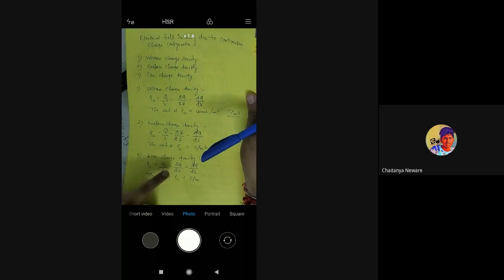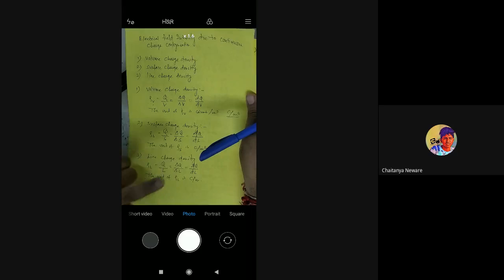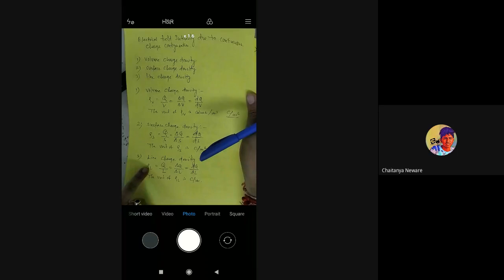Then line charge density is the ratio of total charge in the given region to the total length of the region, or incremental charge to the incremental length of the region, or differential charge to the differential length of the region, and it is represented as rho L. The unit of line charge density is coulomb per meter.